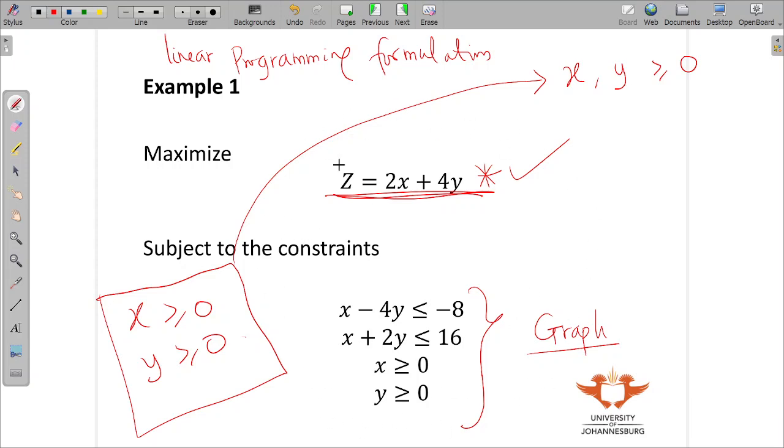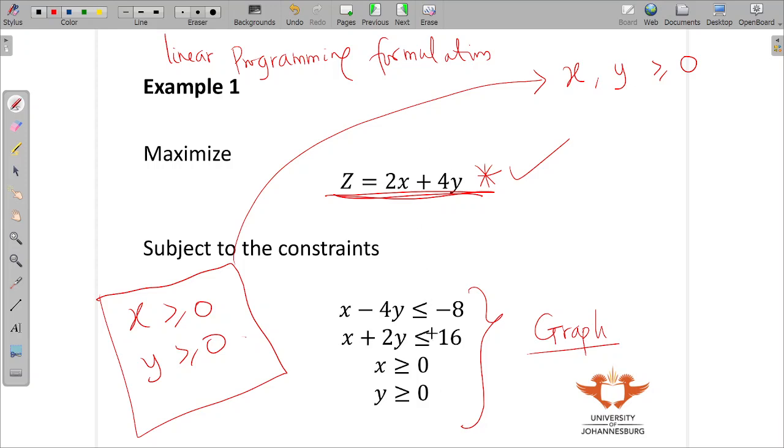So sometimes we give you the problem in words, which we are going to see later, and ask you to formulate this linear programming problem by yourself.